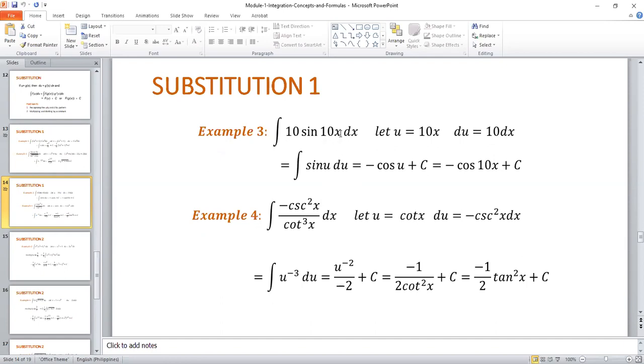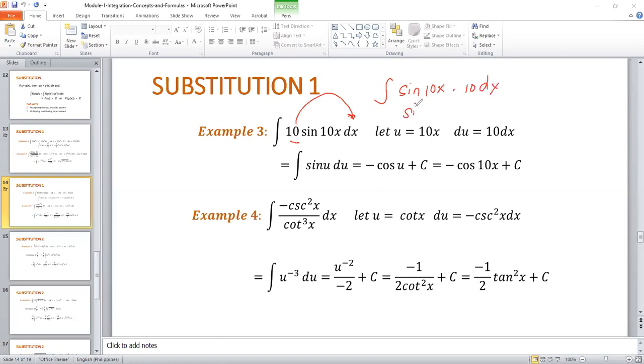Meaning, class, we annotate: this 10 should be transferred here. If it's written, it would look something like this: sine of 10x times 10 dx. This is comparable to sine u du.